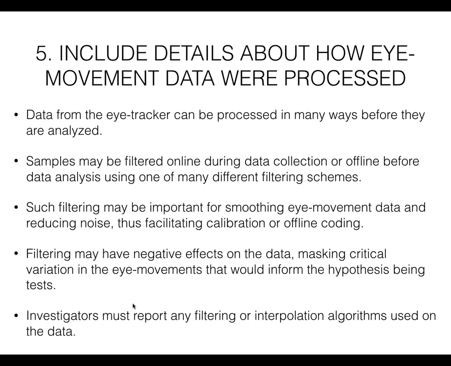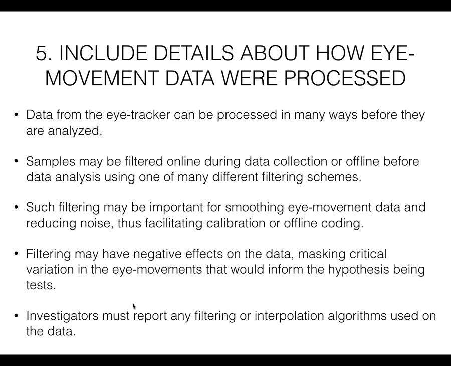Find out how it deals with the filtering. This is a little bit more tricky because some eye tracking companies won't tell you this. You can piece it out from papers and methodological people who have done this already. For example, are they applying some sort of smoothing algorithm to reduce noise in the data, which will help calibration?